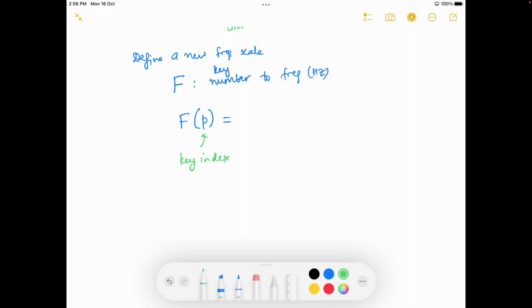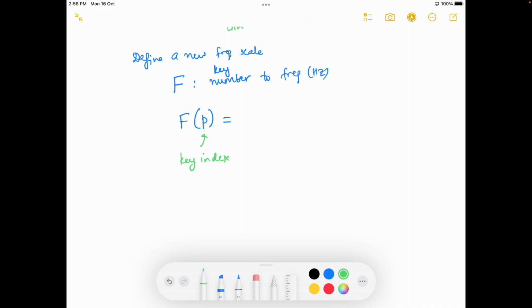Tell me, I know it's geometric. What is the common ratio between two consecutive keys? Common ratio means frequency of this key divided by frequency of this key. For one octave, it's double. Yes, then it's a GP.